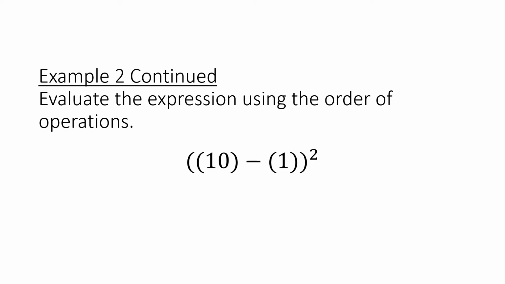To follow order of operations, we're going to be doing what's inside of the parentheses first, which is 10 minus 1. So 10 minus 1 is 9. And so now we have 9 raised to the power of 2, which is 9 squared. 9 squared is the same as 9 times 9. So our answer is going to be 81 once we evaluate this expression.